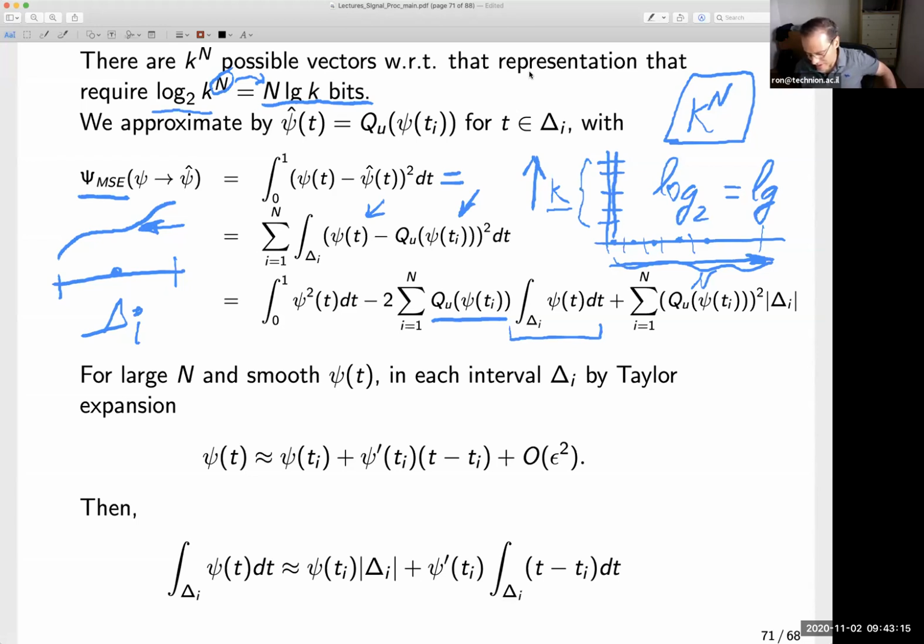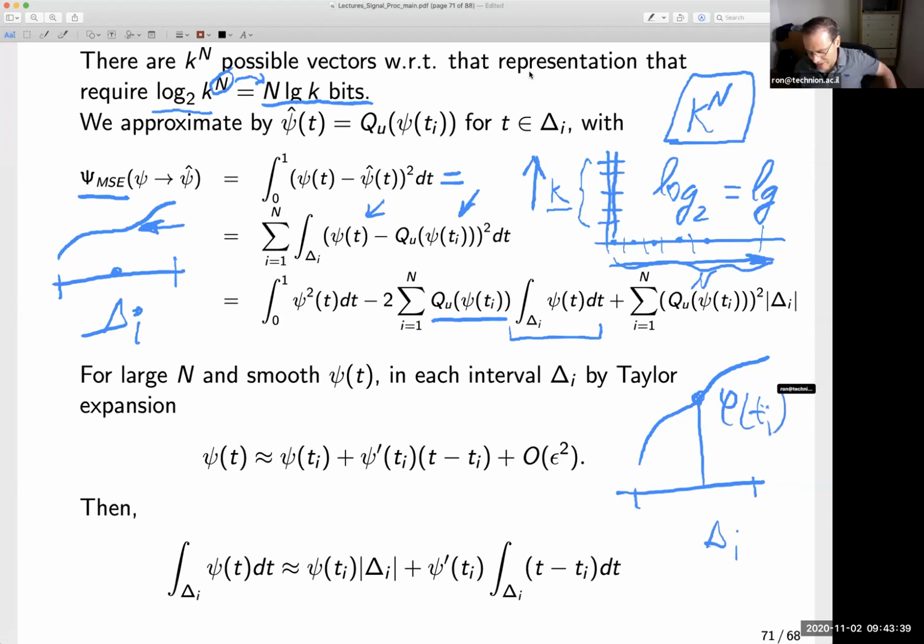So again, this is my time interval. This is my function here at this point. And what I'm looking at is the Taylor expansion, and this is delta i. What I will be looking at is the Taylor expansion of phi of ti.